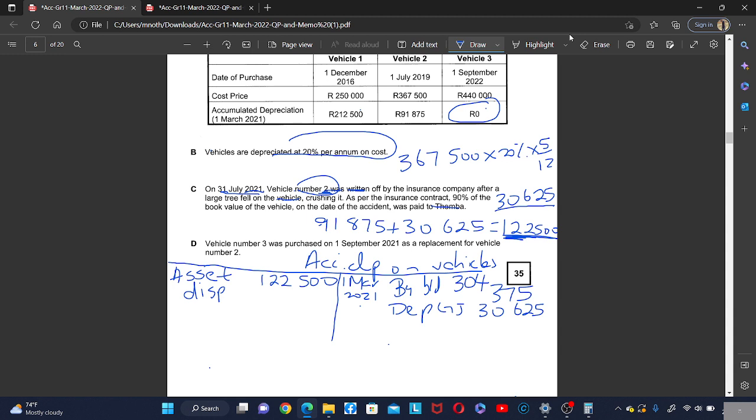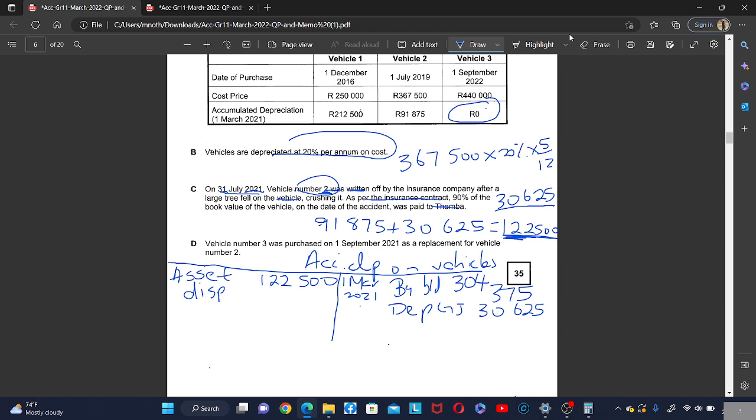So then they said, as per the insurance contract, 90% of the book value of the vehicle on the date of the accident was paid to Timber. So let's calculate the book value. The book value is the same thing as the carrying value.